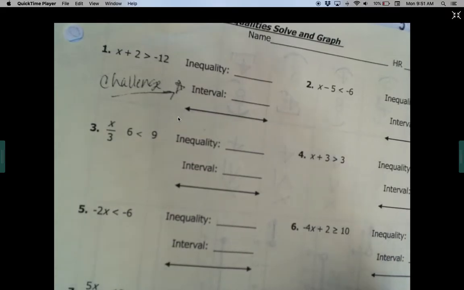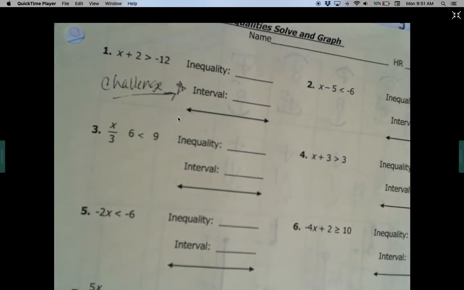Oh, the interval part is the challenge part. I see. Okay, I forgot why I did that. All the intervals I want you to try, but they are the challenge portion. You should be able to graph and write the inequality for all of them. When I say write the inequality, I just want an X on the left. Okay? So you need to solve for X.